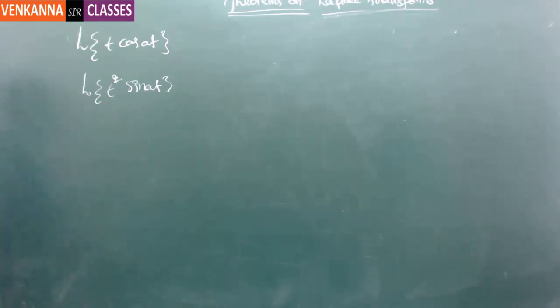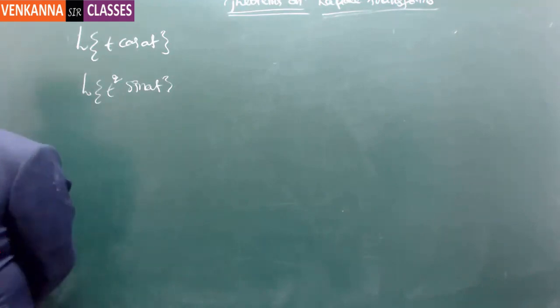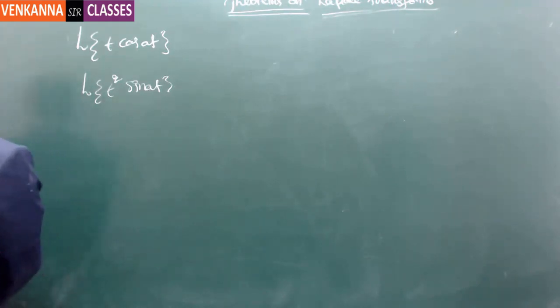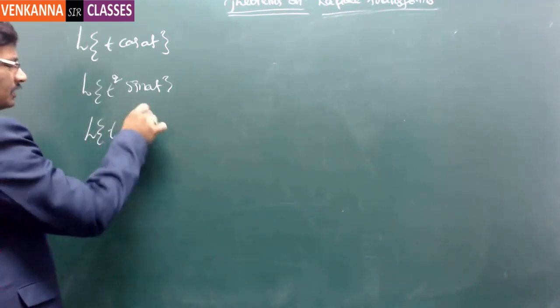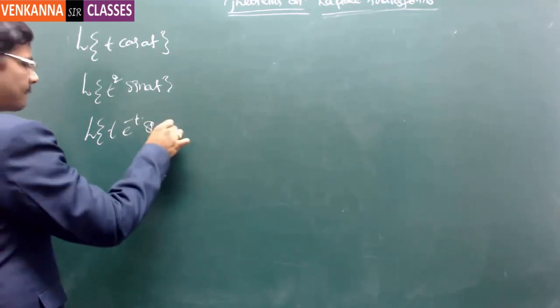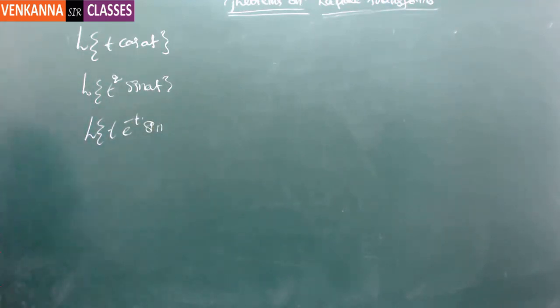This is one of the easiest topics, but most of the people might have already studied it in engineering also. What is the Laplace transform of t into e power minus t into sin 3t?